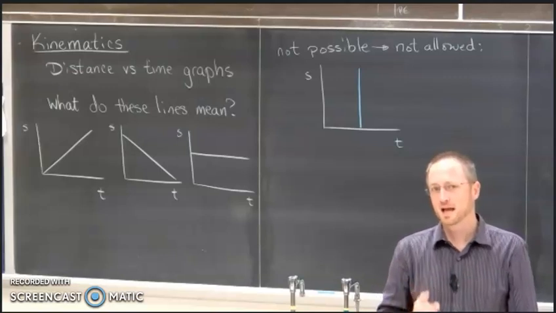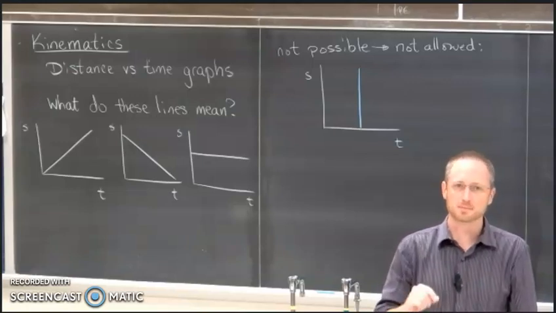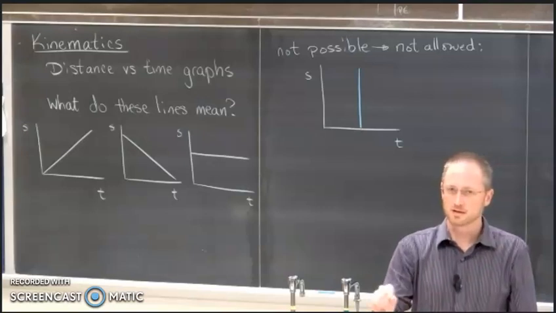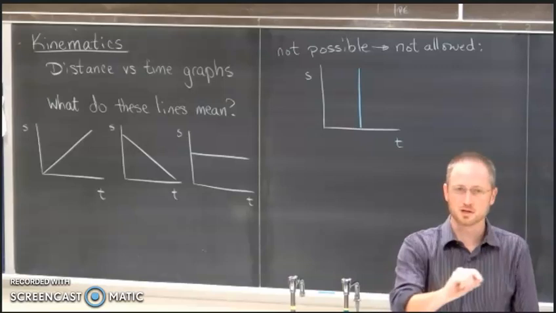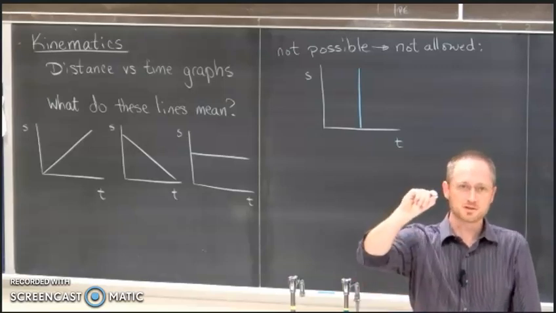What we cannot have is a vertical line graph, because that would require being in multiple places at the same instant. Because what you need to remember is the horizontal axis is time, and time is counting upwards, and the vertical axis is your position.